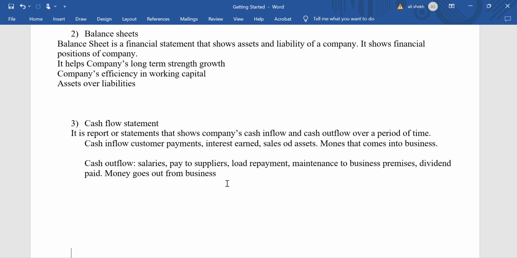Next important financial report is the cash flow statement. A cash flow statement is a statement that shows the company's cash inflow and cash outflow over a period of time. Cash inflow: customer payment, interest earned, sales of assets.